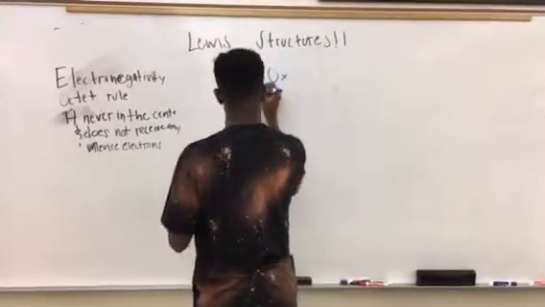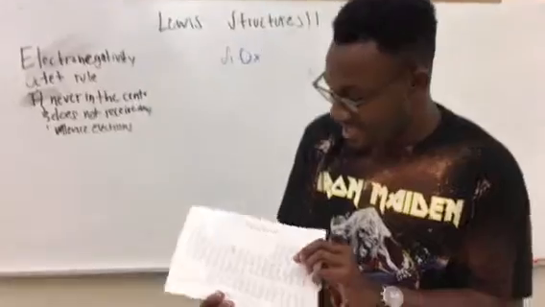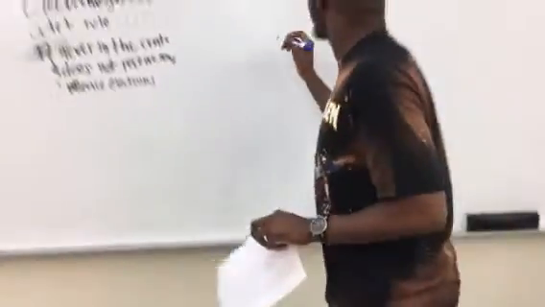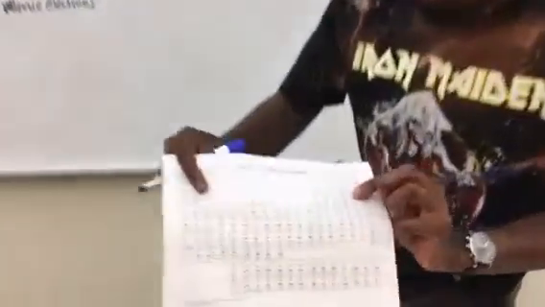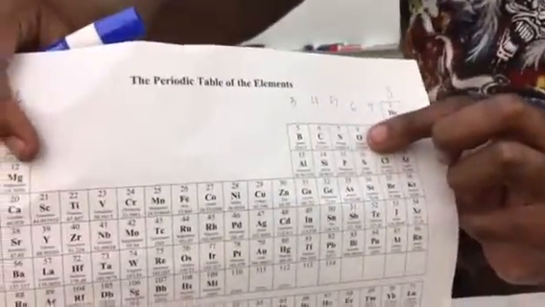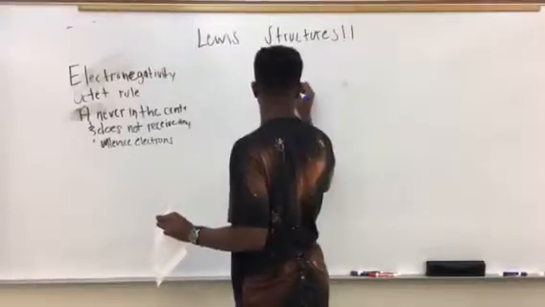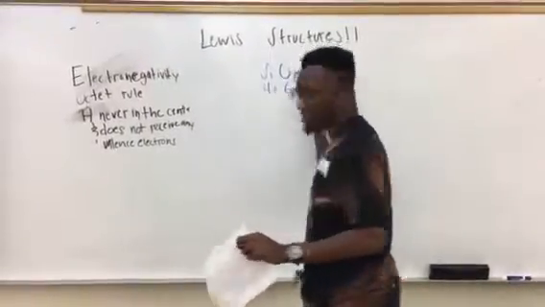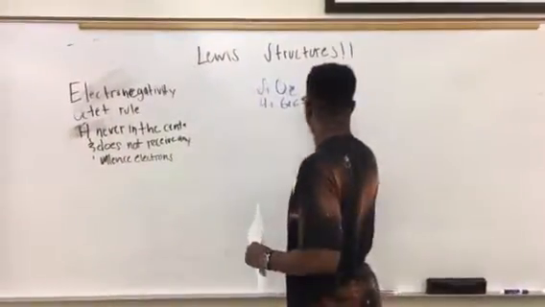The silicon element has 4 valence electrons, and the oxygen element has 6 valence electrons, but since there are 2 of them, we add 6 plus 6. So we have 4 plus 6 plus 6, which turns out to be 16.